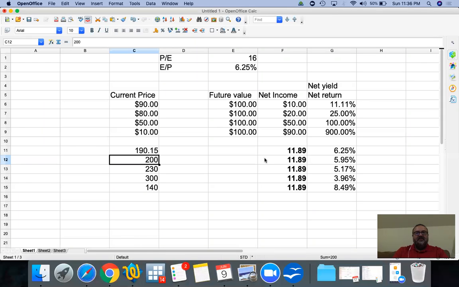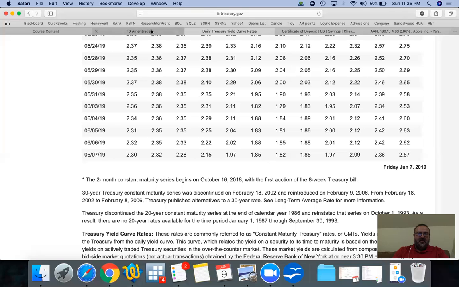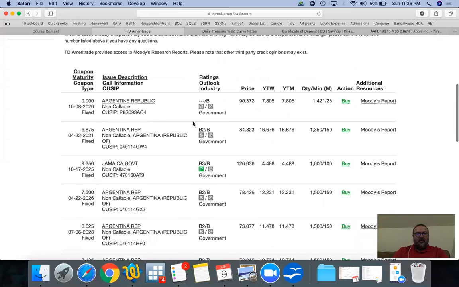Now, if we invest in an Argentinian bond, right there, for about a year, maybe a little bit more, then we're going to be earning 7.8%. So why should the Argentinian government sell this bond so cheap? Because there are no buyers at a price that's higher than this. So it is not up to the Argentinian government to decide what interest rate they are going to charge or pay.